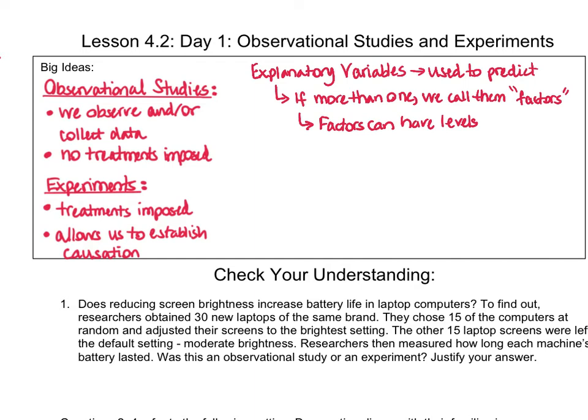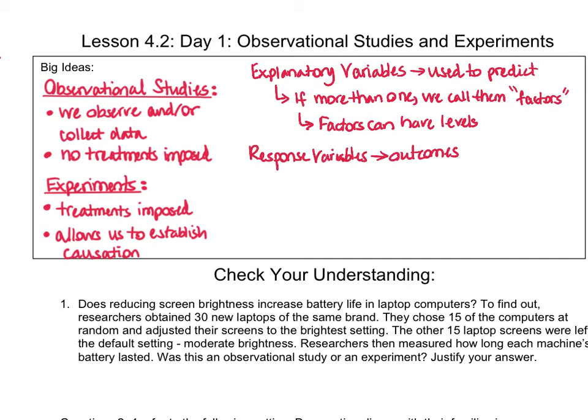And the different levels for the temperature could be 325 degrees and 350 degrees. That would make for a total of 4 treatments because it's 4 different combinations of 2 factors, each having 2 levels. The explanatory variables are used to predict the outcomes in the response variable.